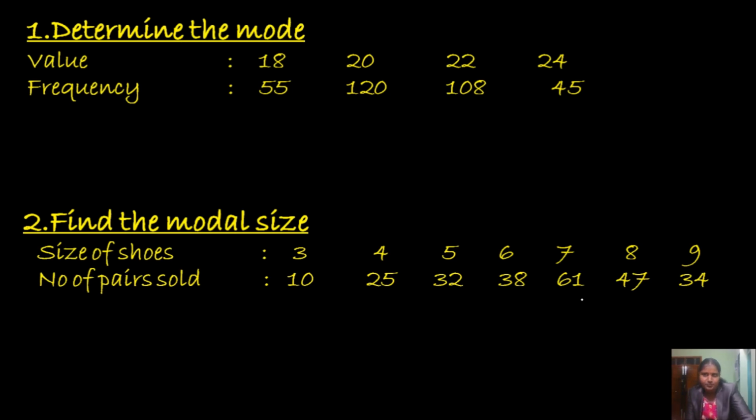Determine mode. Here the values and frequencies are given. The value 18 repeats 55 times, the value 20 repeats 120 times, 22 repeats 108 times, 24 repeats 45 times. That is the meaning of frequency.